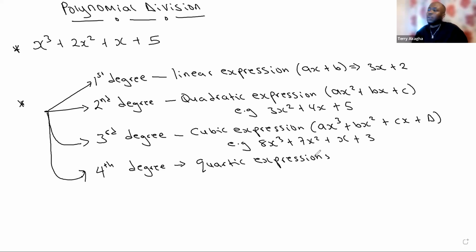The reason why I'm talking about this is because we're going to discuss several things in this series of videos on polynomial division. Just to put it in perspective, the first thing I'm going to show you is how to evaluate polynomials by nesting.